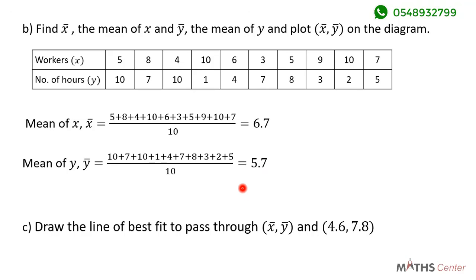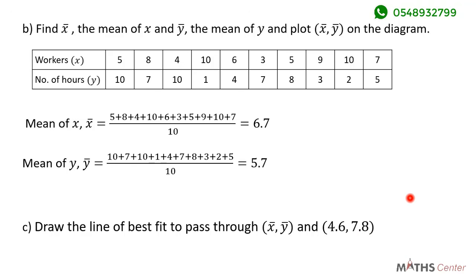Remember that the question said we should draw the line of best fit through x mean, y mean, and 4.6, 7.8. And so we will plot 6.7, 5.7 on the scatter diagram, and we also plot 4.6, 7.8 on the scatter diagram.